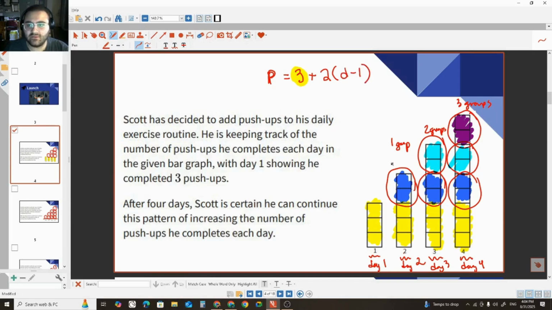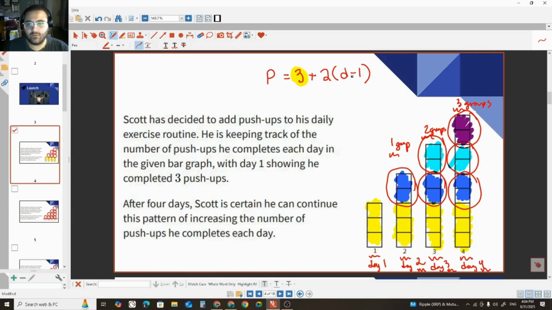So that's the relationship between this and this, this and this, this and this. The number of groups is always 1 less. So I'll just say P for push-ups is equal to 3 plus the 2 groups, the d minus 1 groups of 2, essentially.